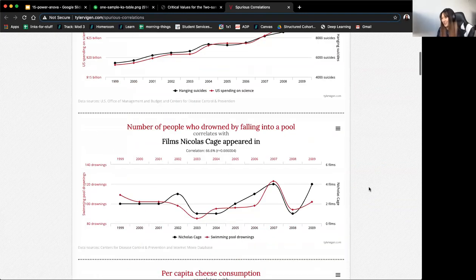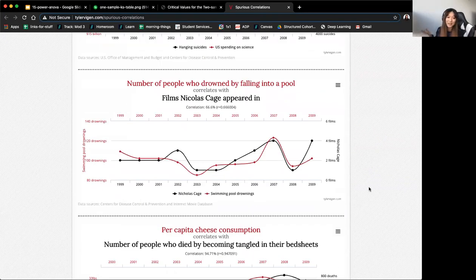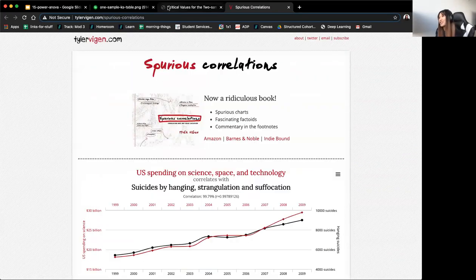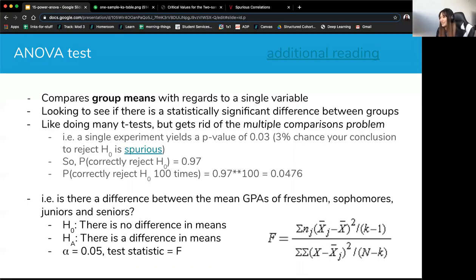And this is a really funny one. Things that are correlated but have nothing to do with each other, which is the idea of spurious correlations, which I like to think of when I think about p-values. Just things so happen to be that way. But yeah, that's a fun one.